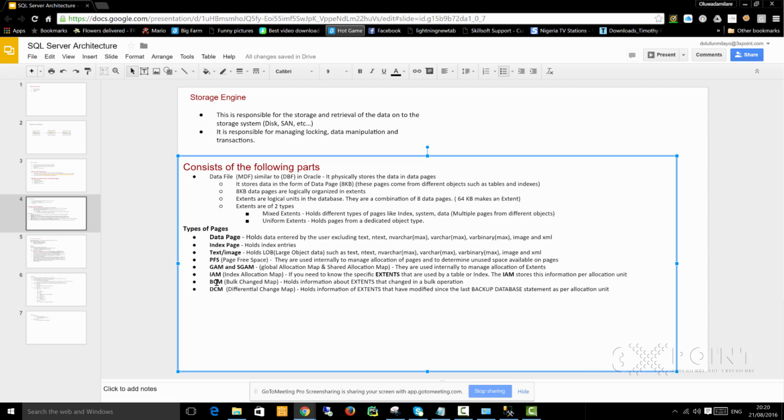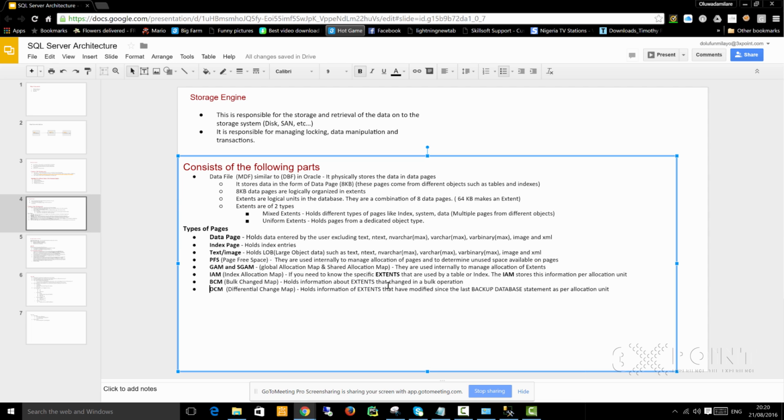Then we'll move on to the BCM. The BCM is called the bulk changed map. BCM and DCM are actually similar. One is for bulk operations, the other one is for database backup operations. The BCM holds information about extents that are changed in a bulk operation.